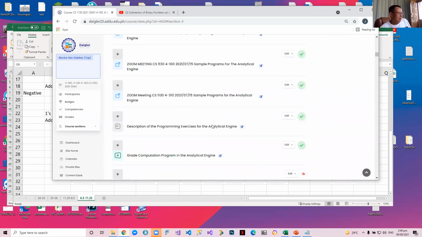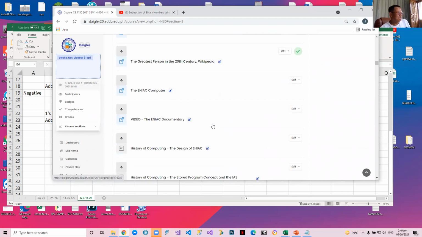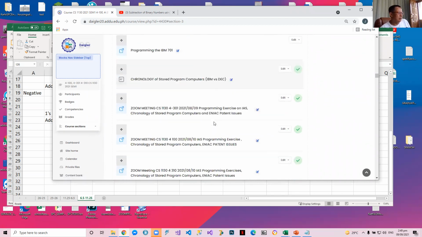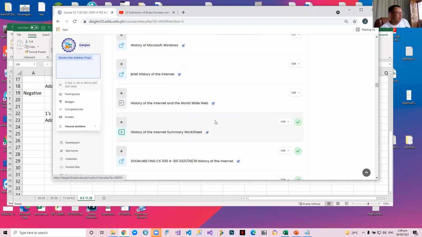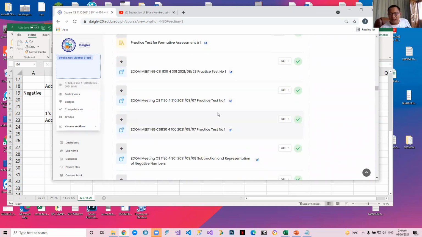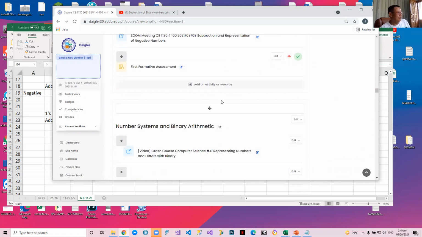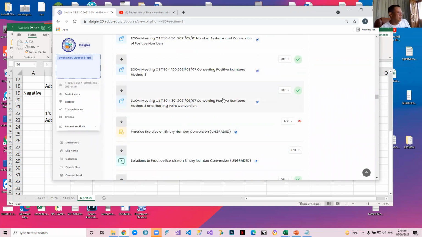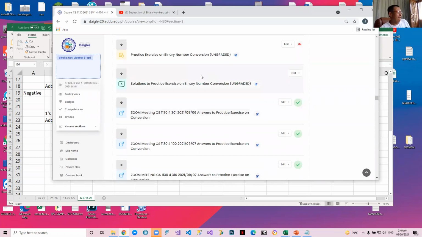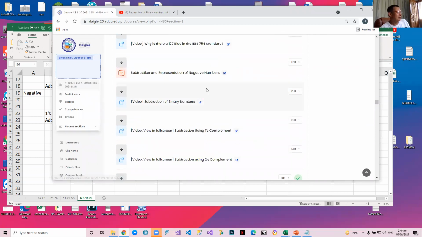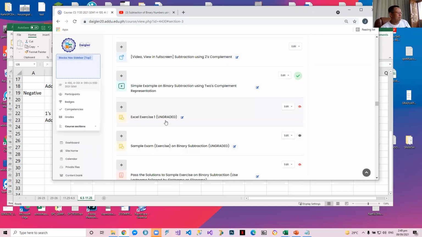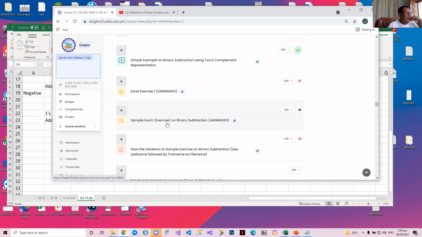Any questions? No? So you do the practice test. We will discuss the practice test next meeting. This is the practice test on binary subtraction.